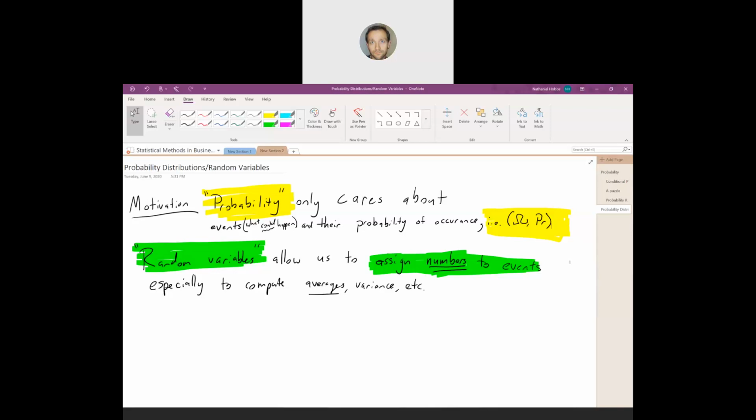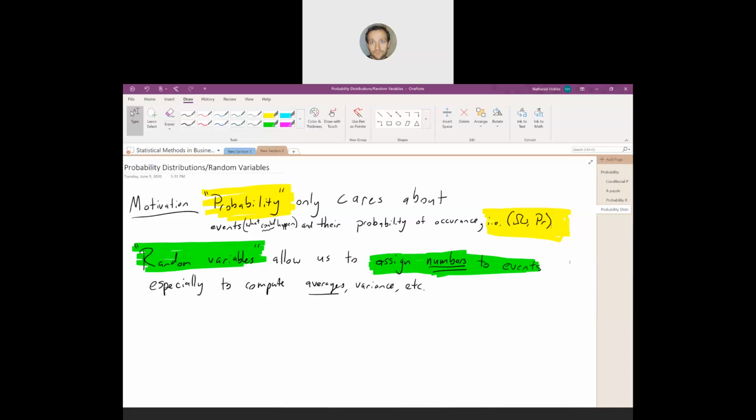I'll take the events and assign numbers to these events. That way, when an event happens, a certain number appears, and I care about that for some reason. This is called random variables.